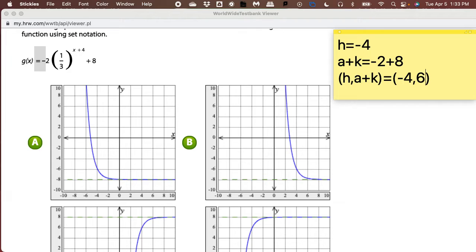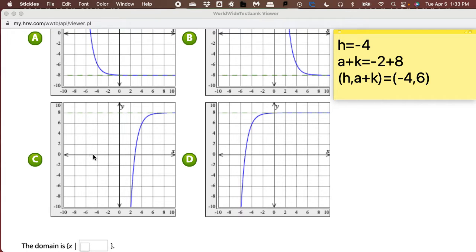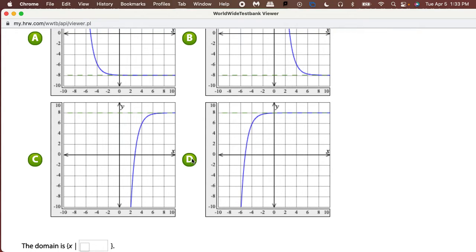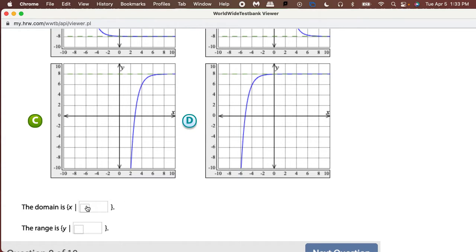So if I go 4 to the left and 6 up, that's going to give me the story. So A isn't reflected. Let me see. Oh, 4 to the left. C is out. 4 to the left, 6 up. Beautiful. That's about as imperfectly perfect as you can get with digital software.